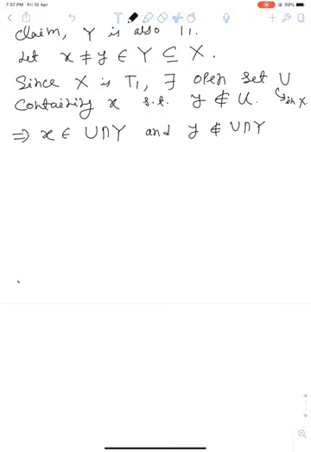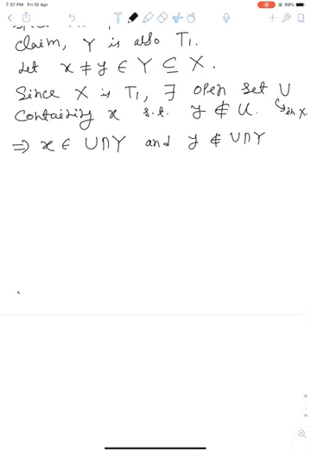Because U intersection Y is a subset of U, right? And y does not belong to U. Therefore, y does not belong to U intersection Y as well.